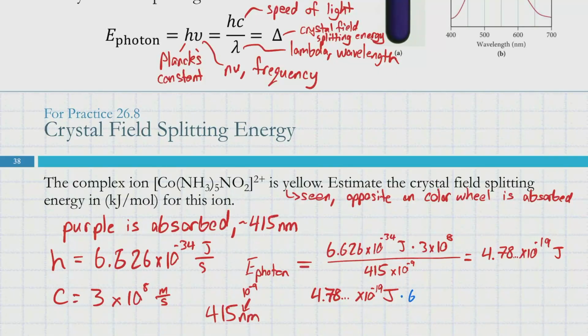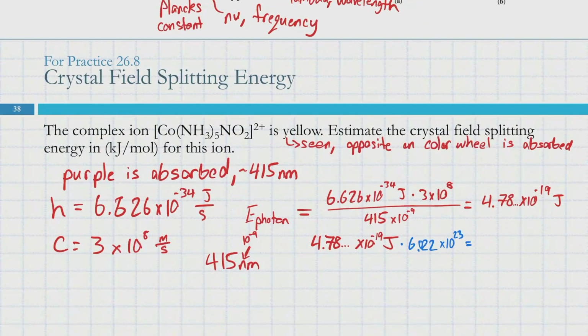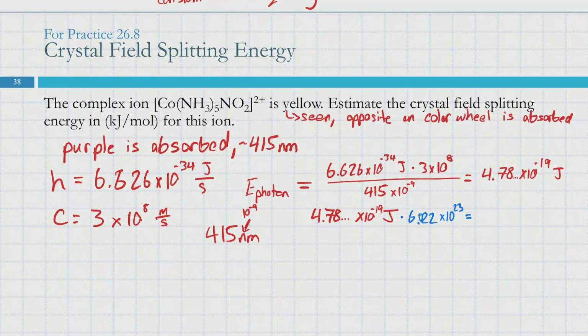So times 6 point. We're going through it today. So multiply by Avogadro's number.